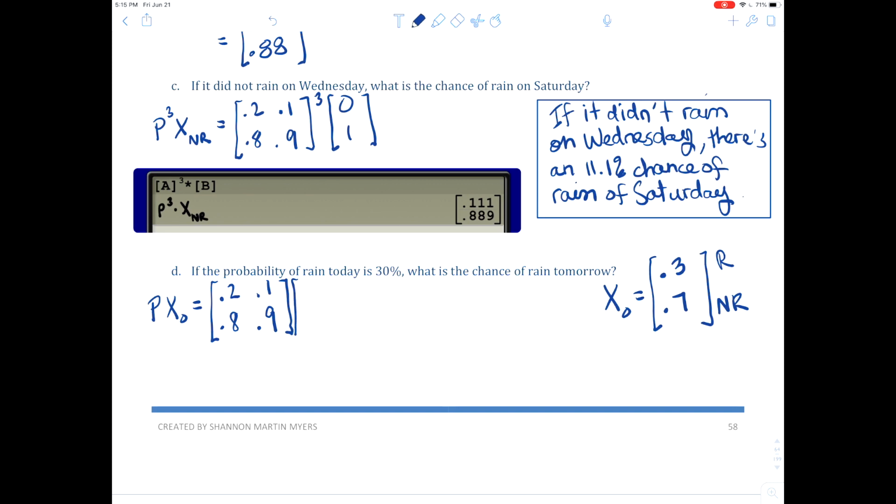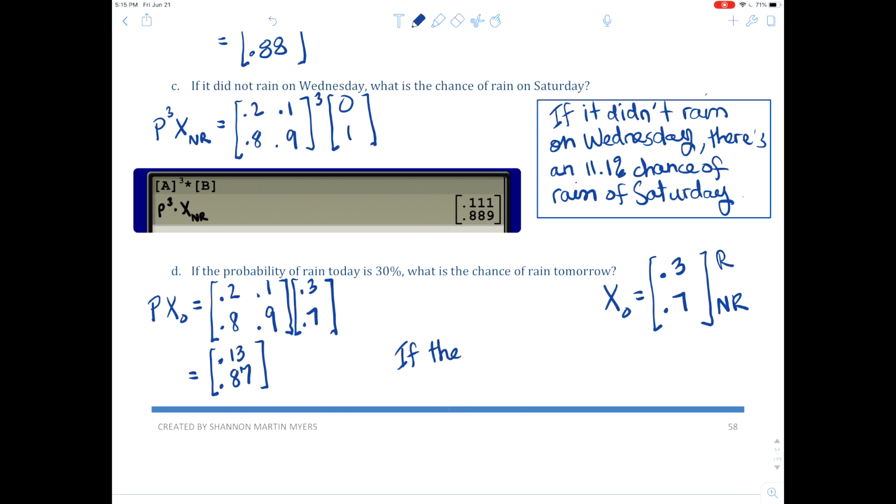And then our new x0, which is 0.3, 0.7. And so multiplying that out, what would we get? We get 0.06 plus 0.07, so 0.13. And then 0.24 plus 0.63 is going to give us 0.87. Cool, cool? So what's our answer?